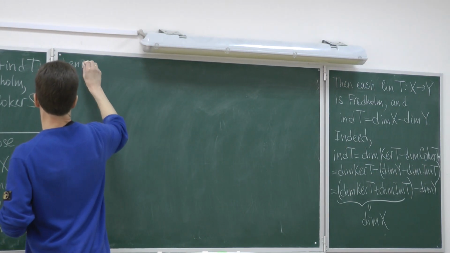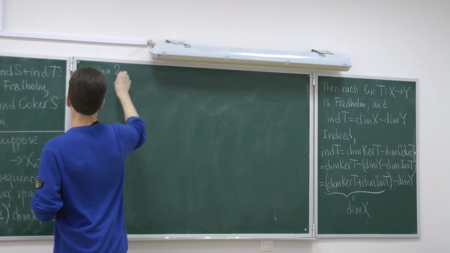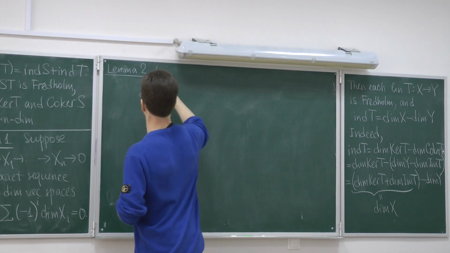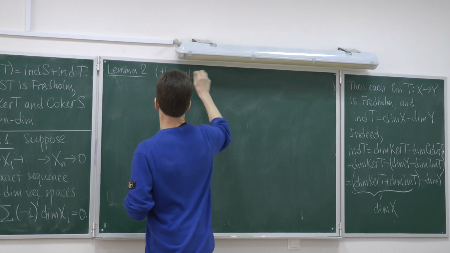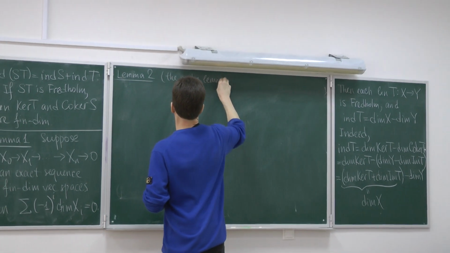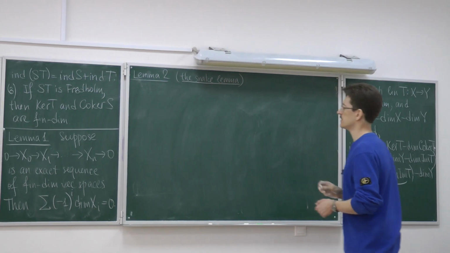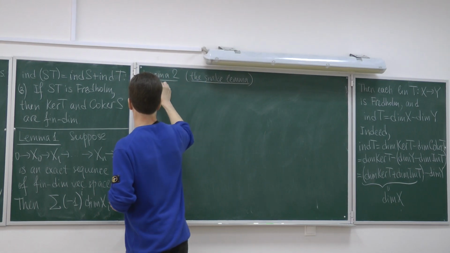Lemma 2. Lemma 2 is a classic result. This is a special case of the so-called snake lemma. In Russian, lemma zmiya. So suppose we have the following commutative diagram.